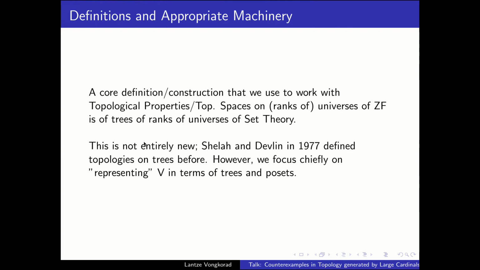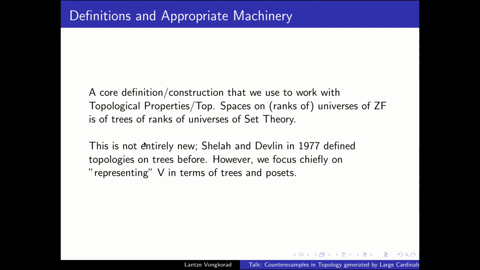But in 1977, Shelah and Devlin defined topologies on trees before, but we focused chiefly on representing V in terms of trees and posets, and actually M2, which is a transitive model. And since it's transitive, we can simply just define an ad hoc rank and add that rank function to its relations, functions, and constant symbols.